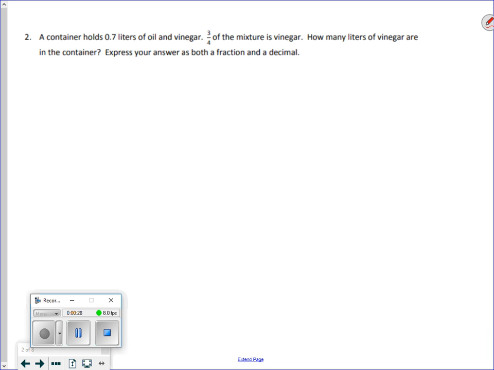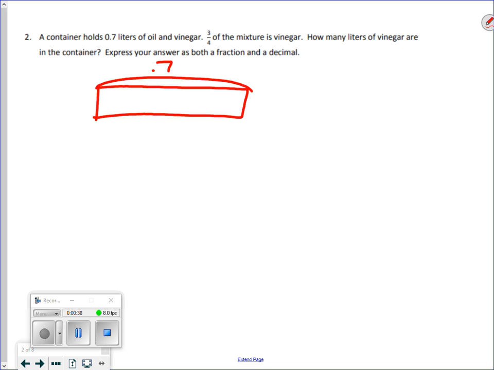So here it's telling you that the entire container has 7/10 liters of oil and vinegar. If 3/4 of the mixture is vinegar, what is this part of the mixture right here?